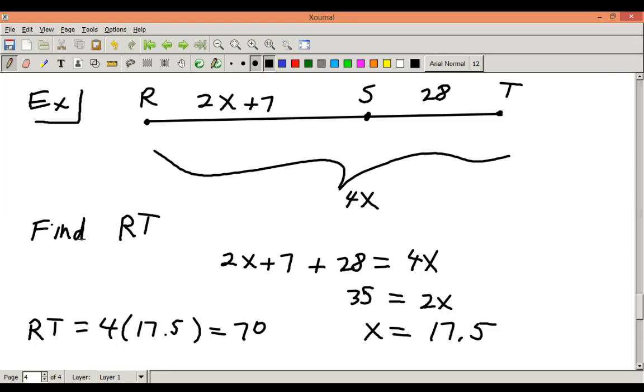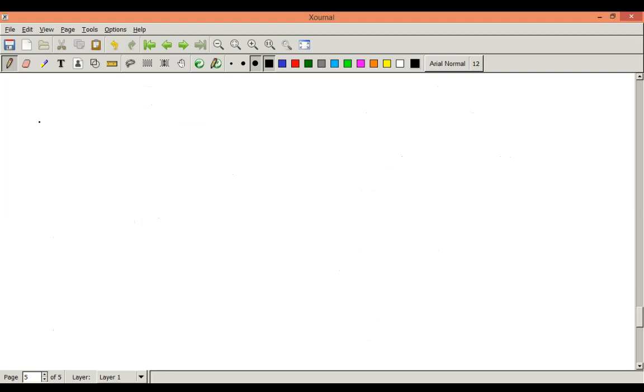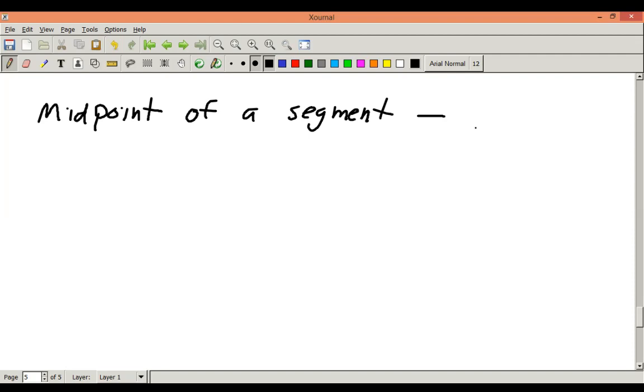Okay, we've got a couple more definitions I need to tell you about, and then we'll go to our next assignment. So first of all, we need to know, what is a midpoint? Well, maybe that word just tells exactly what it is. Midpoint of a segment. That's the point in the middle, right? So it's the point that bisects.